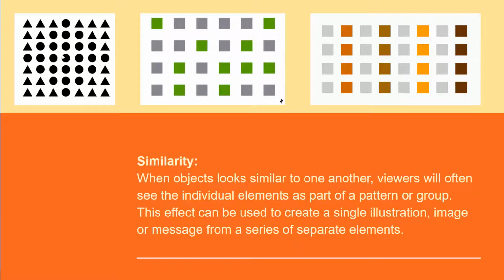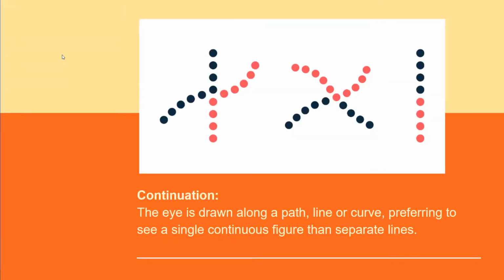On the second one, even though the shapes are the same, you can differentiate by color. And on the third one, you can see different rows instantly with different shades of color. So when you look at this, things become part of each other if they're similar. That happens instantly when you perceive it.